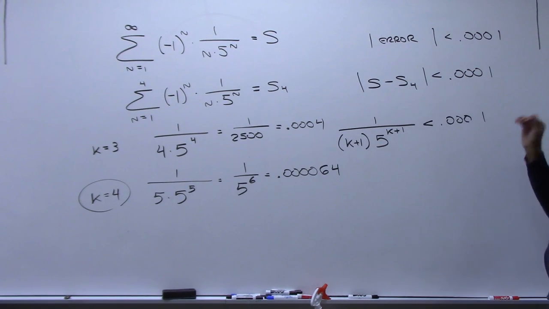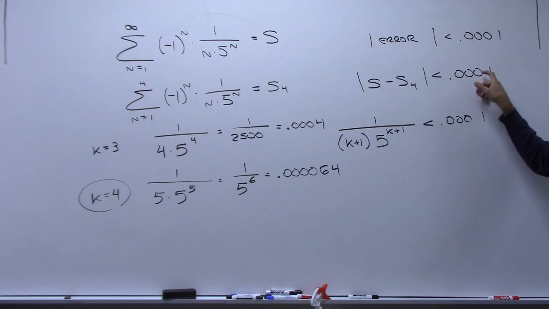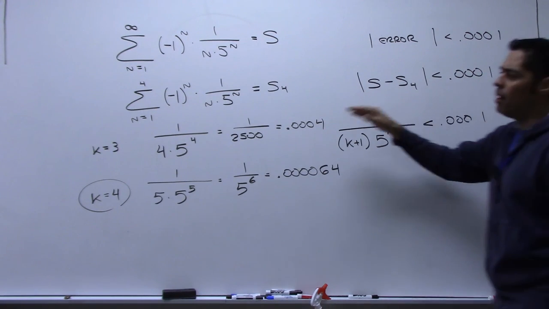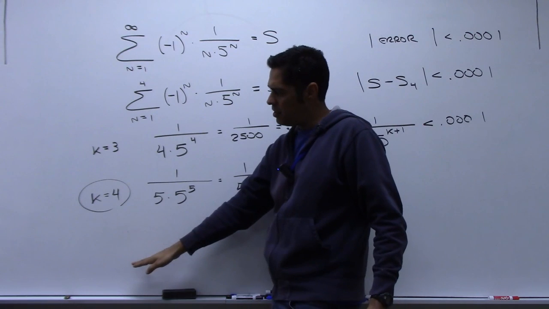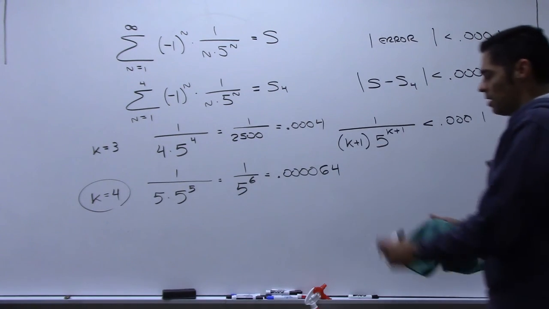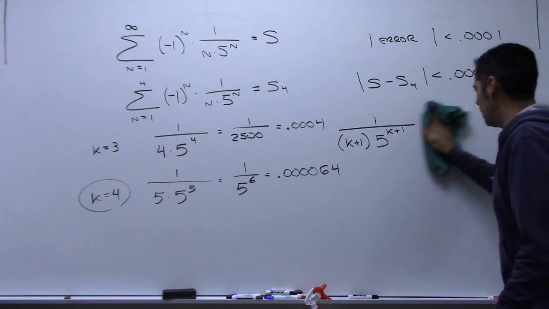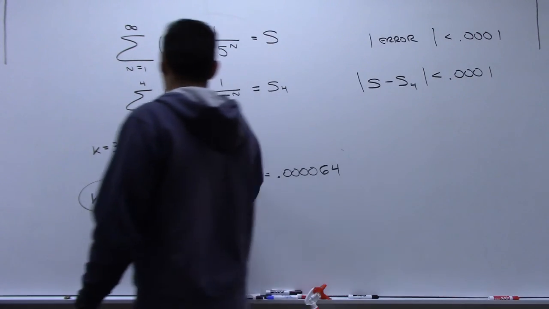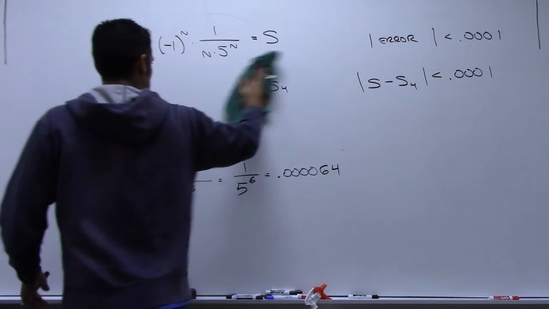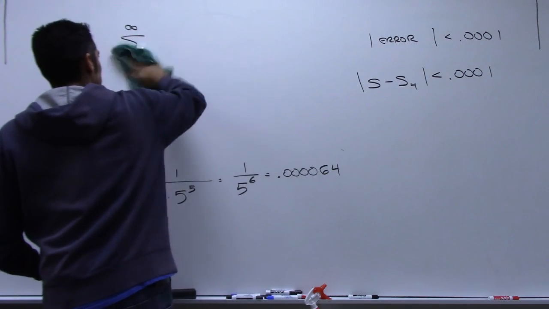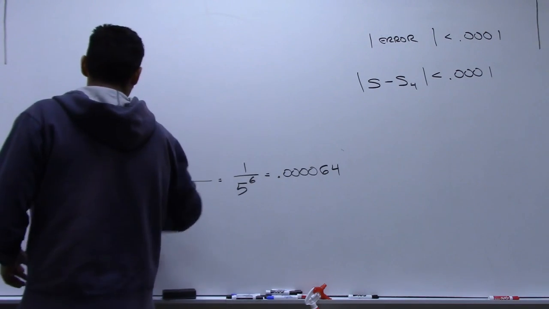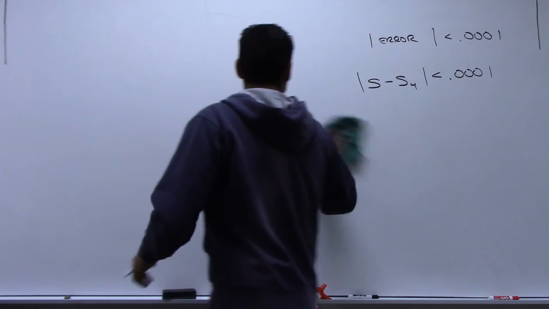If someone wants me to get even closer, maybe adds more zeros in here, I can get closer, but I'm probably going to have to go further out into the sum. So it's a way of estimating a sum, and very, very useful for us. It helps us avoid having to think about adding something up forever.